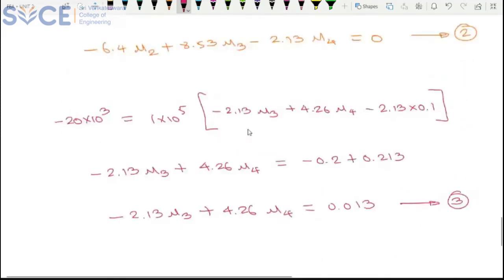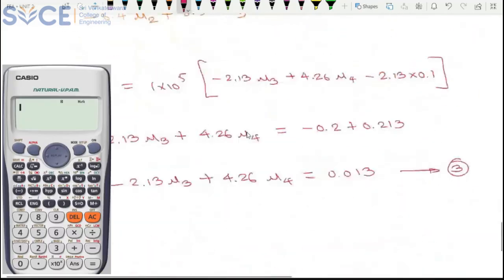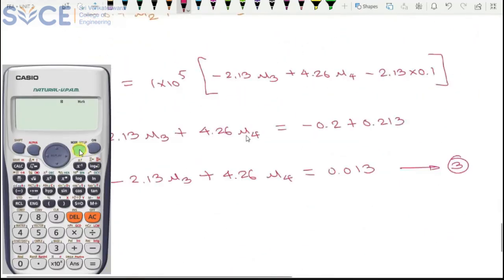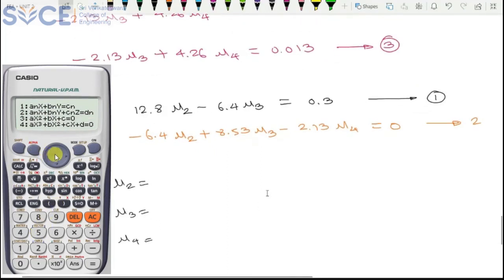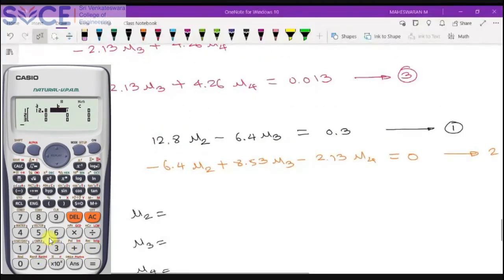Okay, so now you solve these 1, 2, and 3 and find out the values of u2, u3, and u4. Can you tell me what is the value for this? Solving these 3, what values are you getting? Have you tried? Sir, 0.04. Which one?